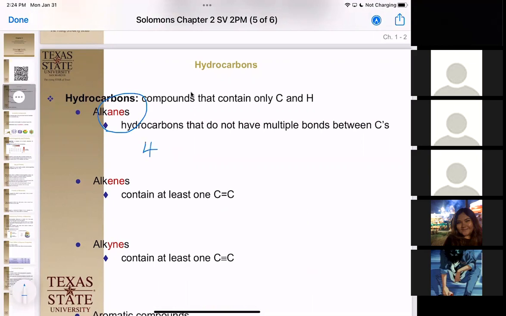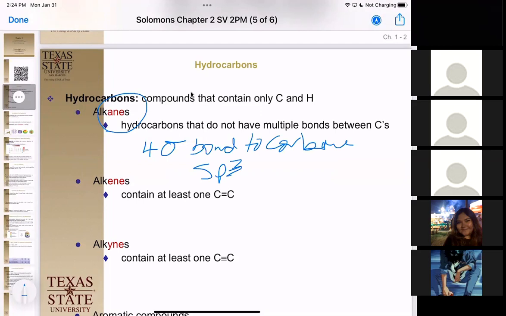Alkanes means 4 sigma bonds to carbon. Okay, you have 4 sigma bonds to carbon. There are no pi bonds. All the carbons are sp3 hybridized.